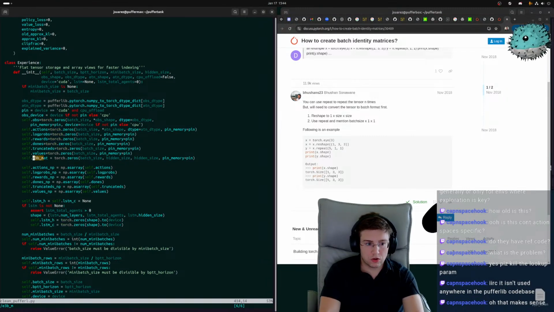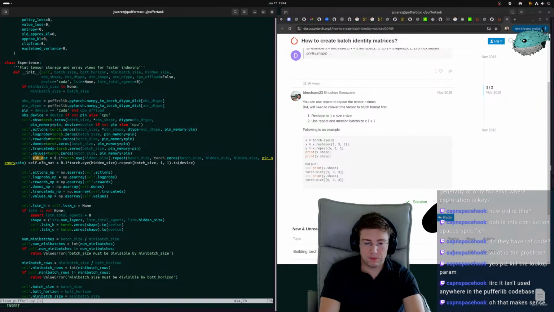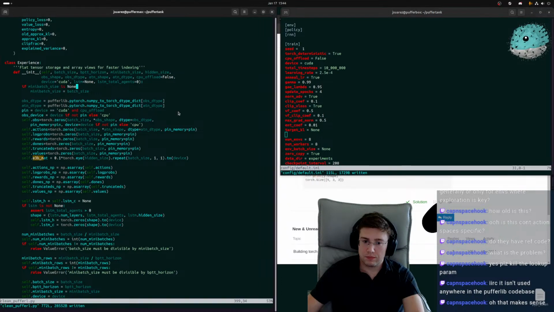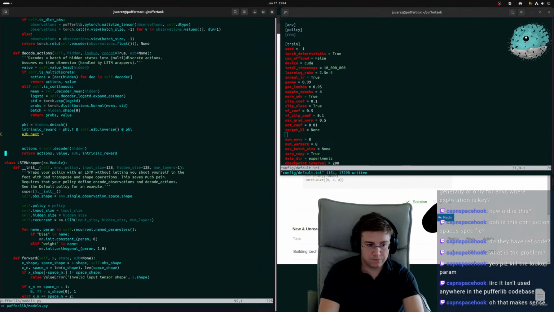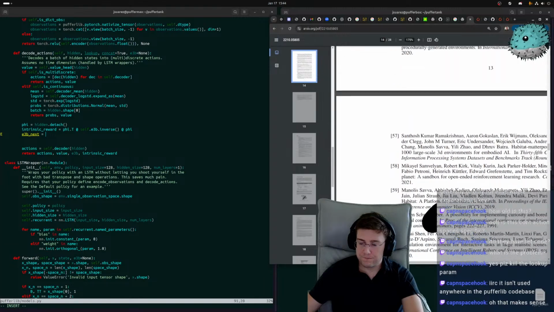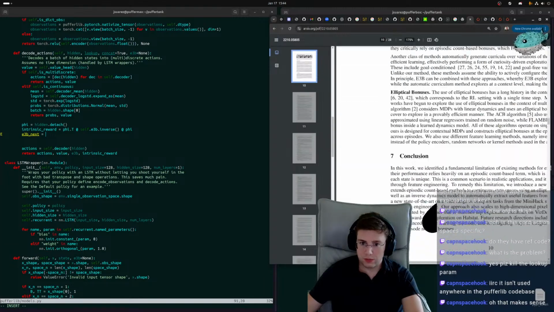So it's going to be 1 times torch dot I hidden size. There we go. That's pretty clean. And now for this, I get their formula.